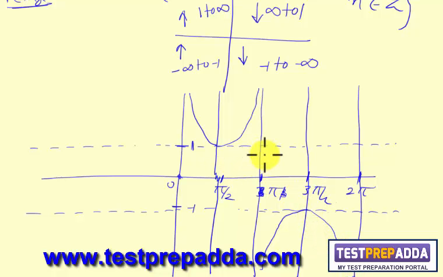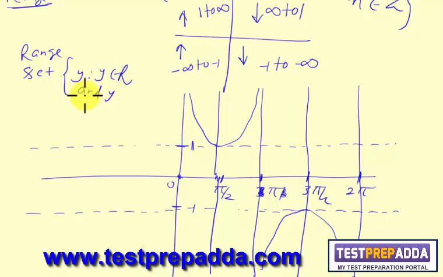And you can extend this left hand side also. So, here the range is defined by the set y belongs to R and y greater than or equal to 1 or y less than or equal to minus 1.